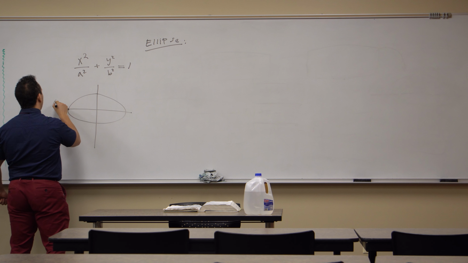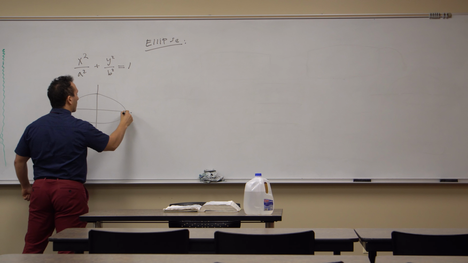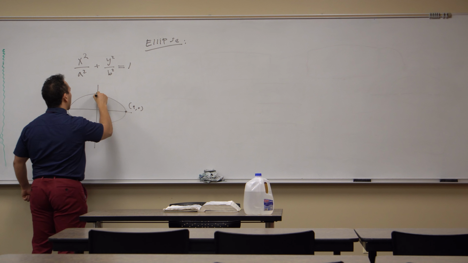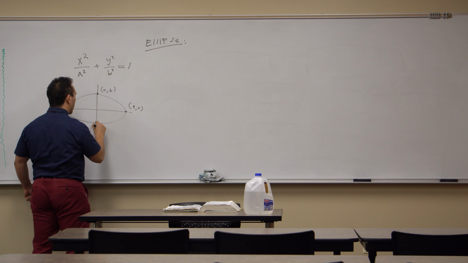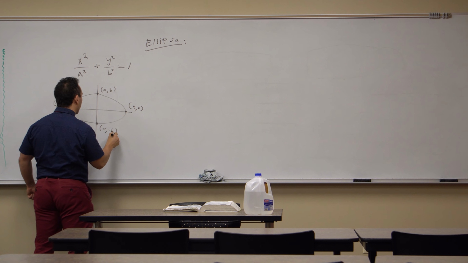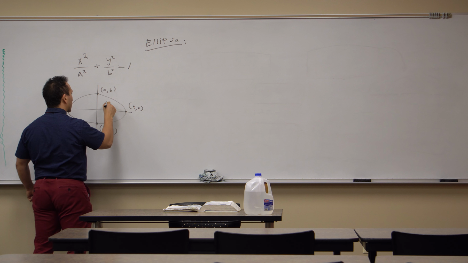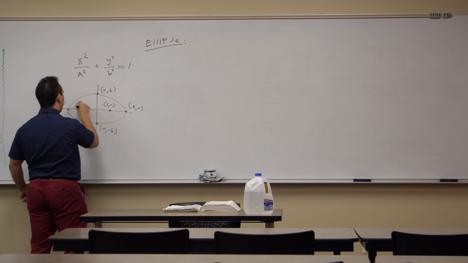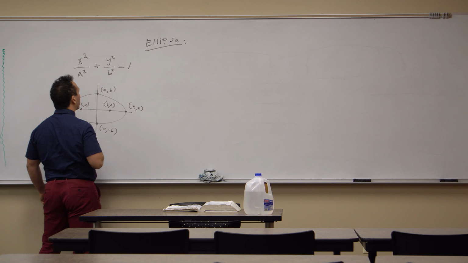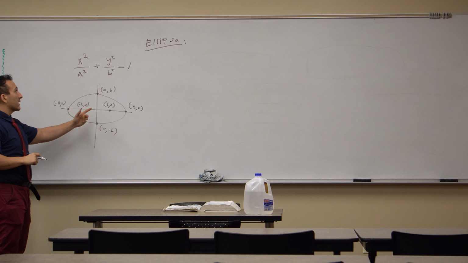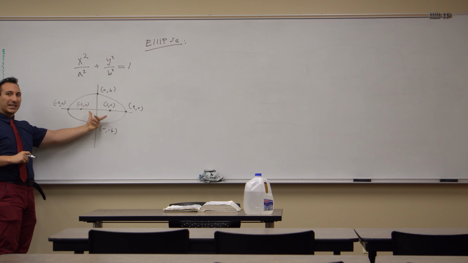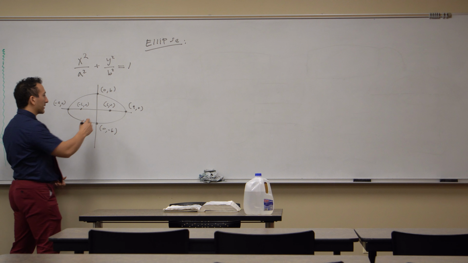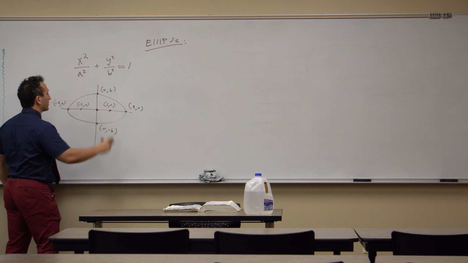Over here it's negative a, 0, positive a, 0, 0 positive b, 0 negative b. The focus here is c, 0. Focus here is negative c, 0. Here's our ellipse. But notice it's centered right smack dab in the origin.